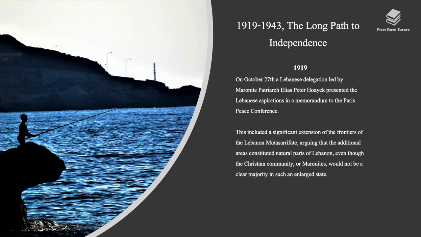In 1919, on October 27th, a Lebanese delegation, led by the Maronite Patriarch, presented the Lebanese aspirations in a memorandum to the Paris Peace Conference. This included a significant extension of the frontiers of the Lebanon Mutasarrifate, arguing that the additional areas constituted natural parts of Lebanon, even though the Christian community or Maronites would not be a clear majority in such an enlarged state.